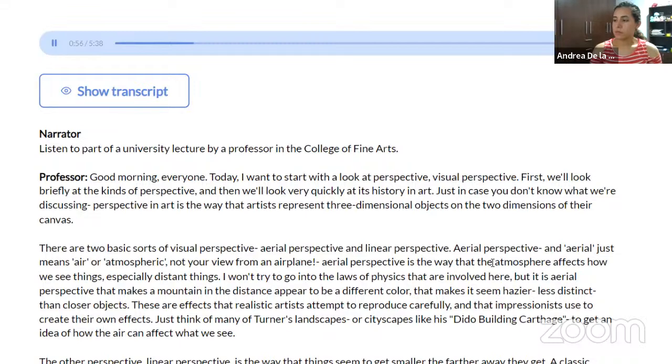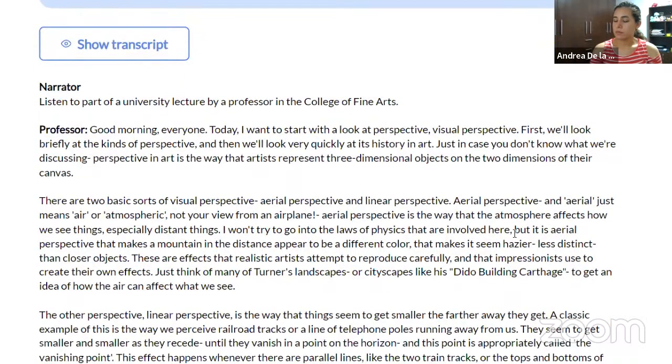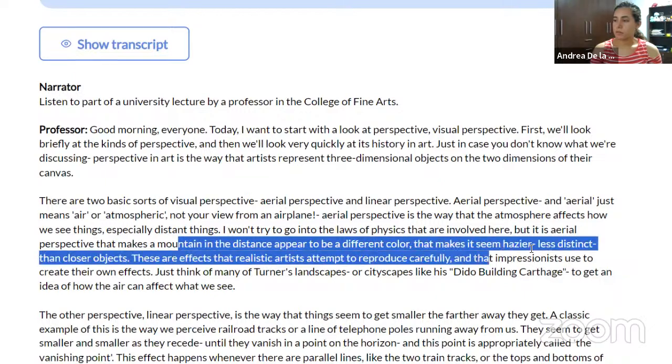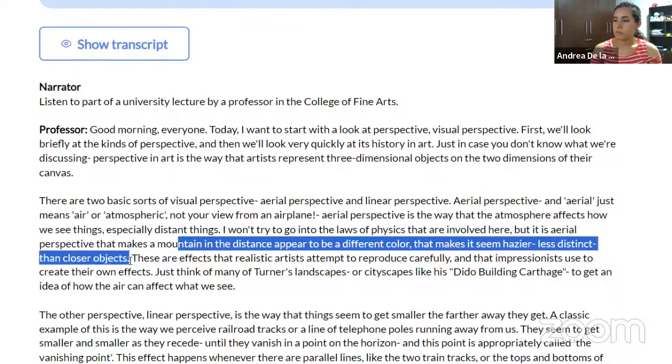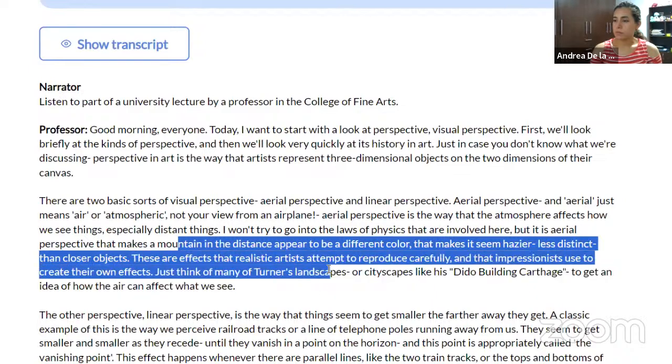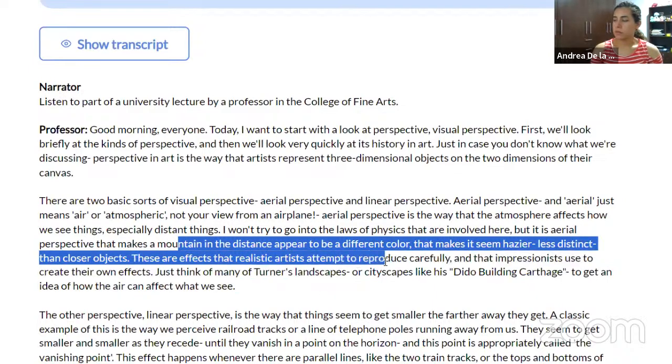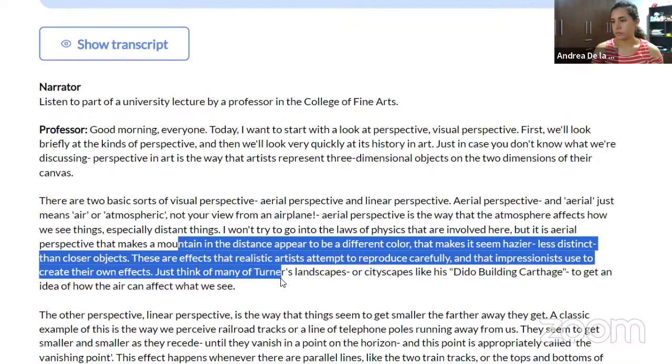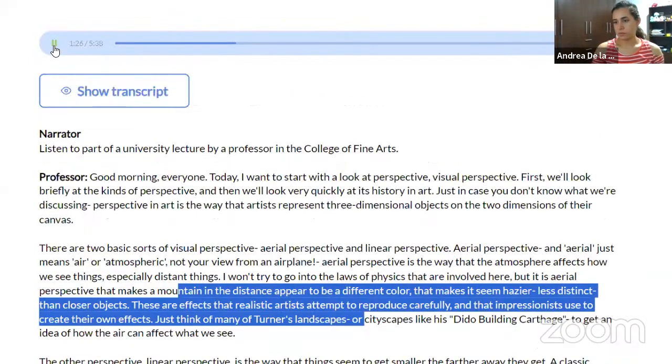I won't try to go into the laws of physics that are involved here, but it is aerial perspective that makes a mountain in the distance appear to be a different color, that makes it seem hazier, less distinct than closer objects. These are effects that realistic artists attempt to reproduce carefully and that impressionists use to create their own effects. Just think of many of Turner's landscapes or cityscapes like his Dido Building Carthage to get an idea of how the air can affect what we see.